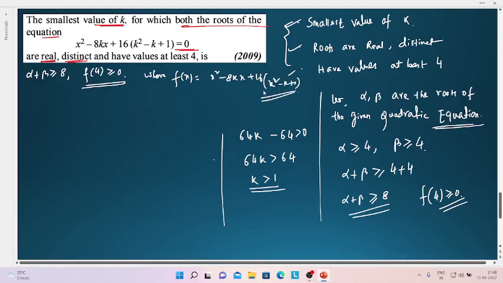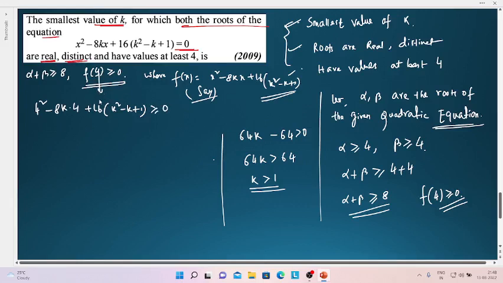This is the given expression. So let me put 4 in the place of x. So it will be 4 square minus 8k times 4 plus 16 times k square minus k plus 1, which is greater than or equal to 0 by that condition, right?